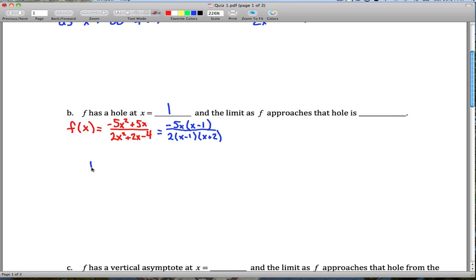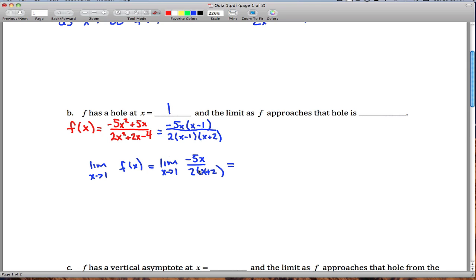Part B here, we're asked for the limit as x approaches 1 of f of x. The way we can figure that out is by looking at our factored form of f of x here, which is equal to the limit as x approaches 1 of negative 5x over 2 times x plus 2.